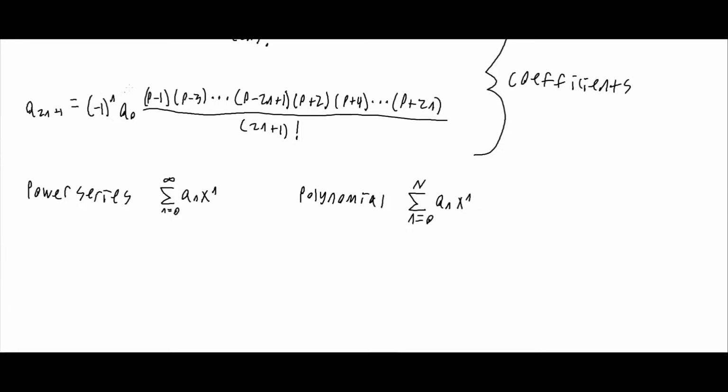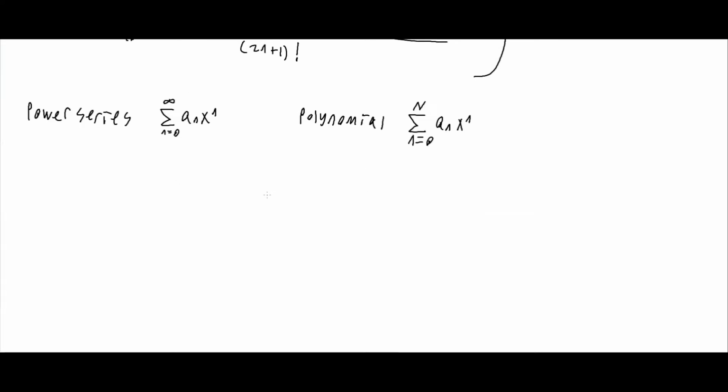And if these p's are any kind of integer, if they are a positive integer, then we get a polynomial.